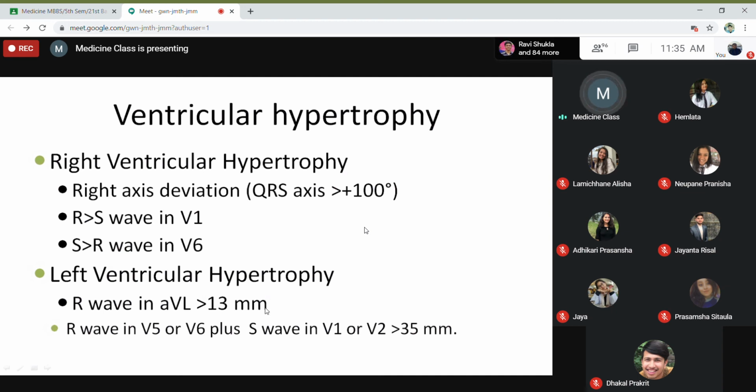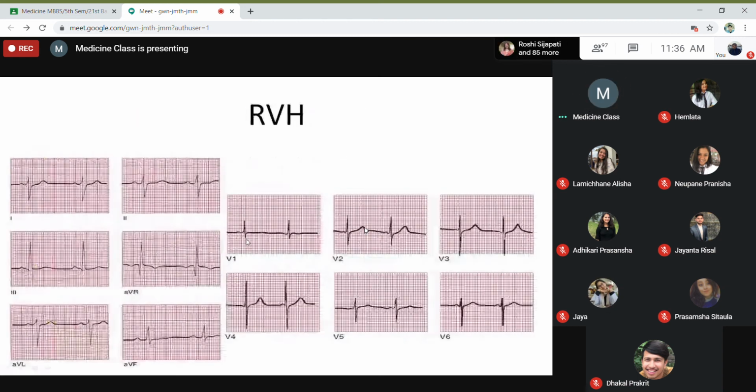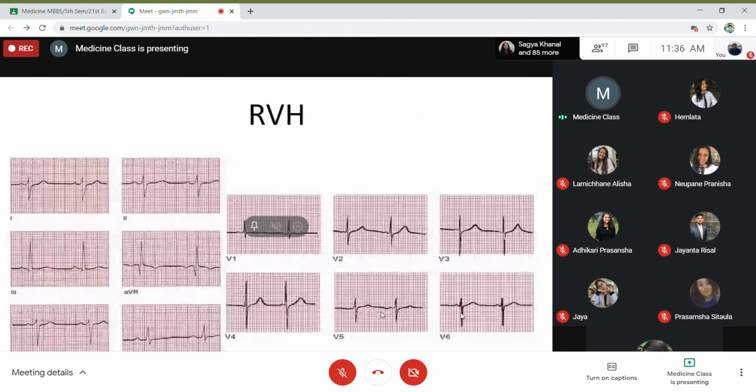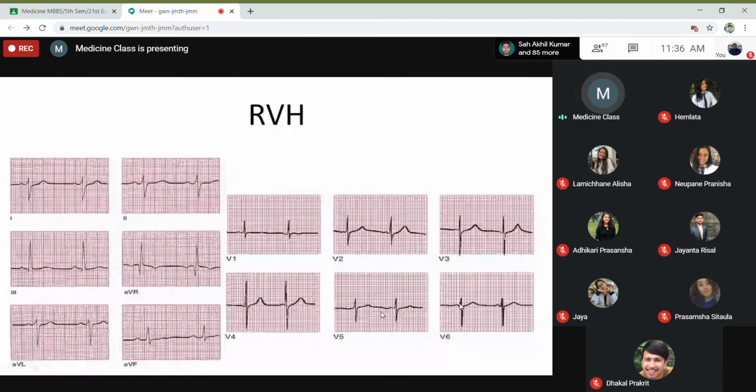As I told you, the R will be more than S in V1, and S is deeper than R wave in V6. We call this poor R wave progression also.